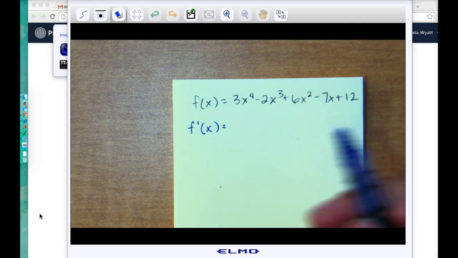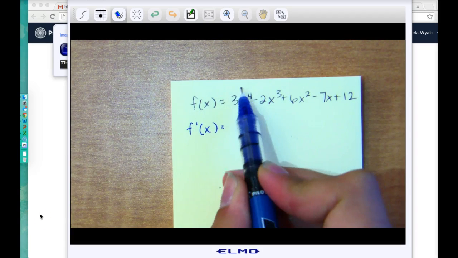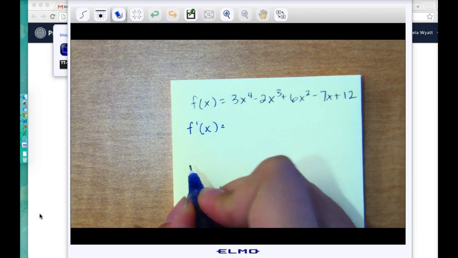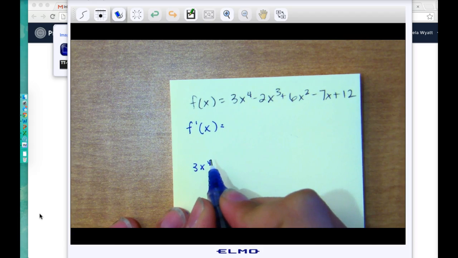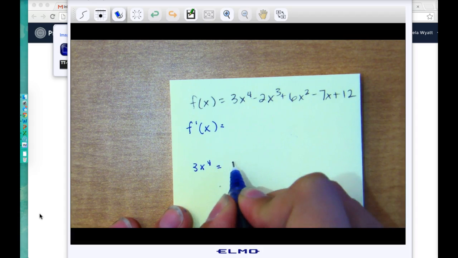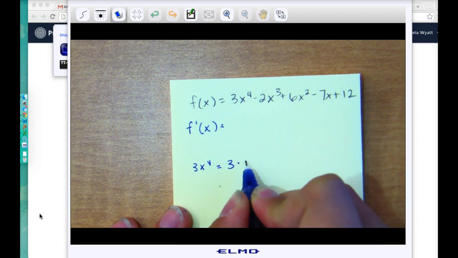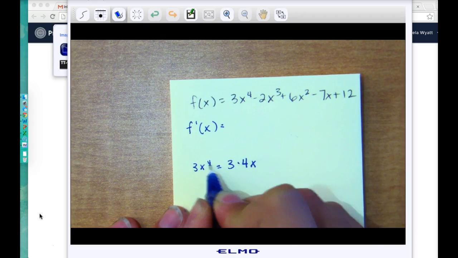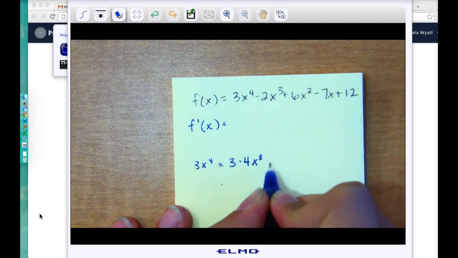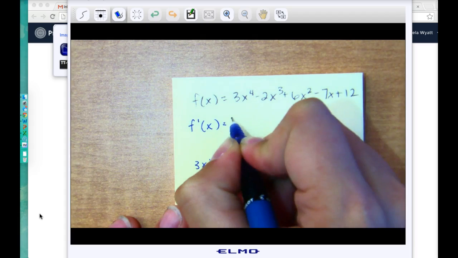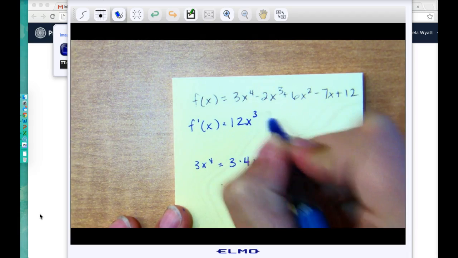In this case, if I take the derivative of 3x to the fourth, I'm going to apply the power rule. That means I'm taking 3 times, move my exponent down, 4x to the power of 3, since I lose 1. This simplifies down to 12x to the third power.